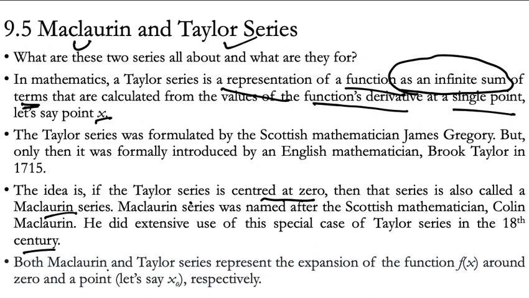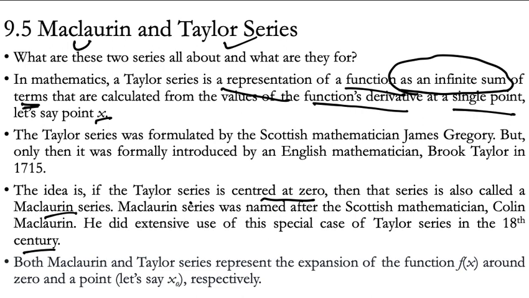Now, both Maclaurin and Taylor series represent the expansion of the function f(x) around zero or a point, let's say point x naught, and at that point x naught, let's say we have a steady state or equilibrium or anything that we want to analyze in an economic study.